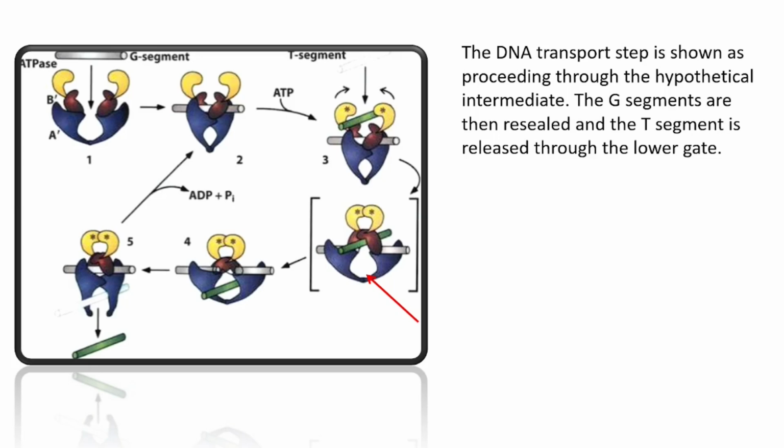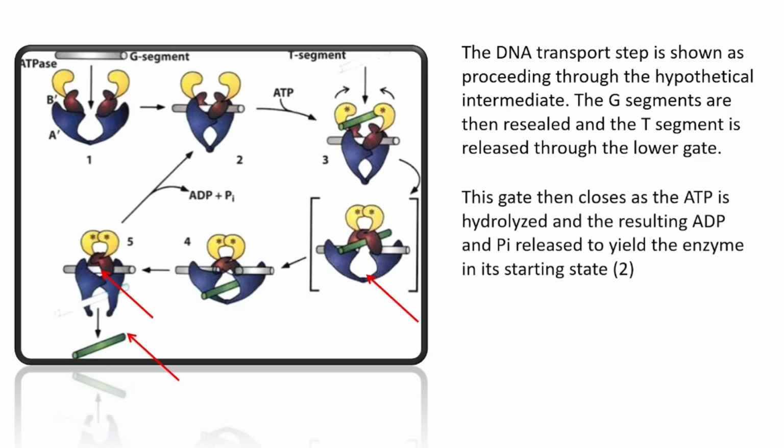The cut G segment is resealed and the T segment is released by a conformational change through the lower gate of the enzyme subunits. This gate then closes as the ATP is hydrolyzed and the resulting ADP and Pi are released to yield the enzyme in its starting state, that is the second step, which can be seen on your screen.